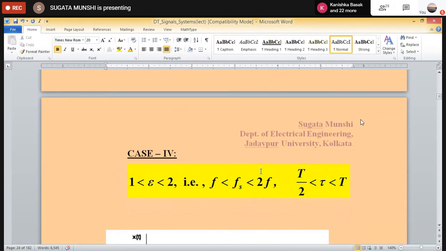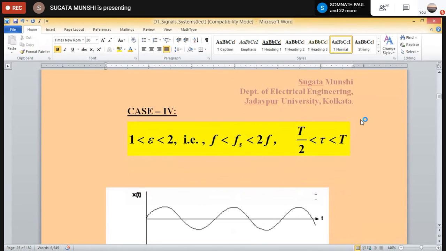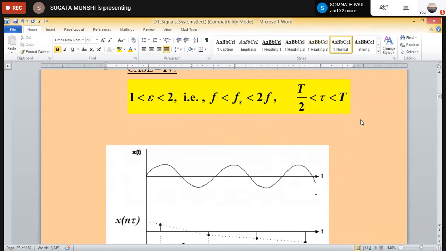Fs lies in the range between f and 2f. Not greater than or equal to f, less than or equal to 2f, but Fs is greater than f, less than 2f. So tau lies in this interval, T by 2 to T. When that is the situation, what do we observe?